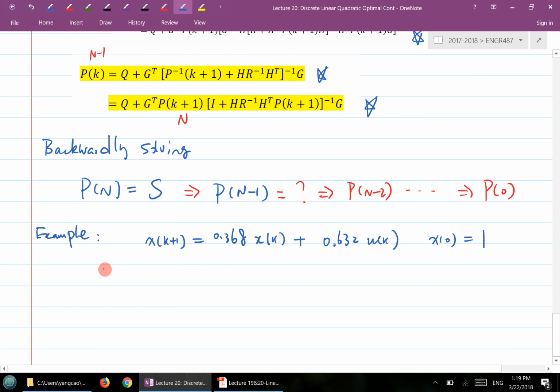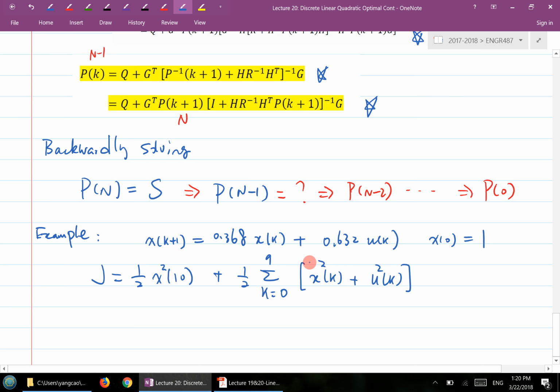And now I'm designing an optimal control for the system. The cost function for this system is written as this. It's a scalar, so really you don't need that vector sign in here.